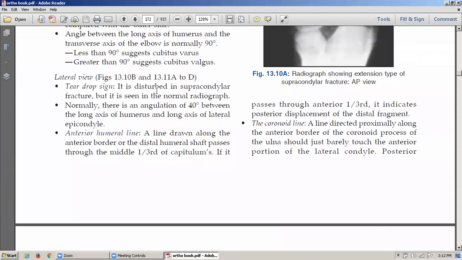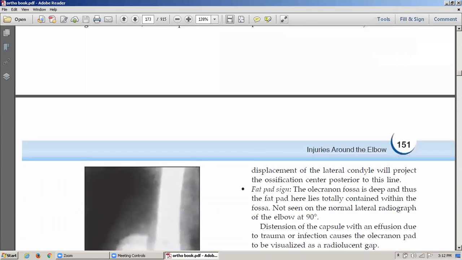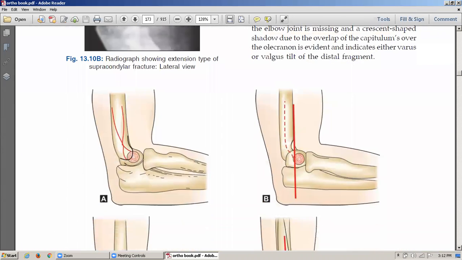The teardrop sign is disturbed in a supracondylar fracture, but it is seen in the normal radiogram. Normally, there is an angulation of 40 degrees between the long axis of the humerus and the long axis of the lateral epicondyle. So it is seen in the normal radiograph, that is the teardrop sign.